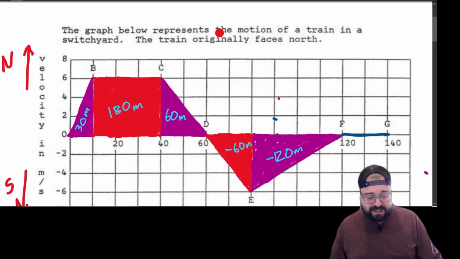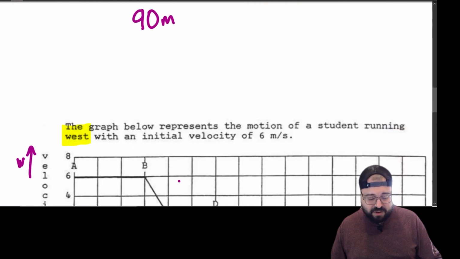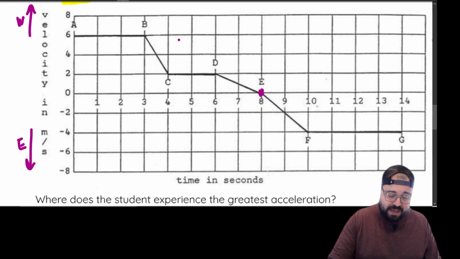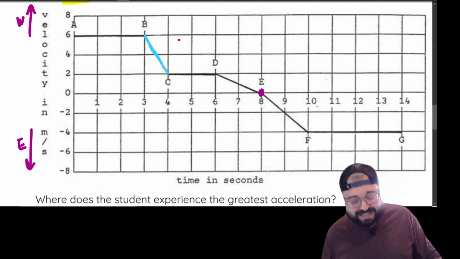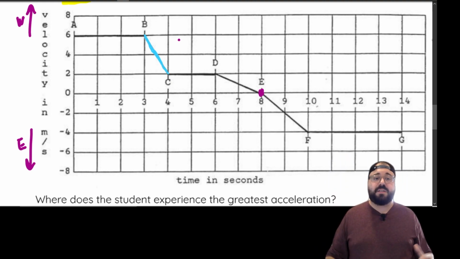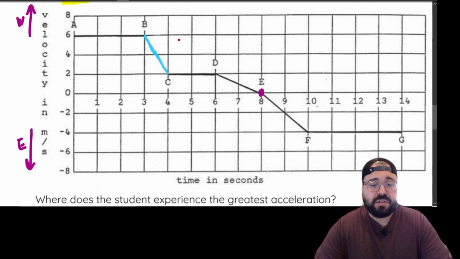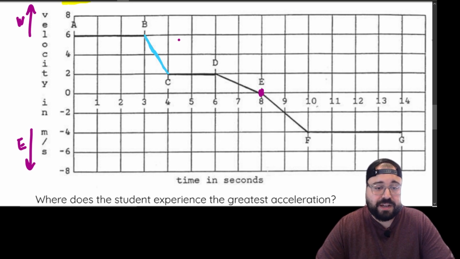That means I need to find the area on the graph where we have the greatest slope. And to me, that is, not to me, it is right here from B to C. That is where the graph is the steepest. Regardless of whether it is positive or negative, that is the steepest part of the graph. So this student has the greatest acceleration from B to C.